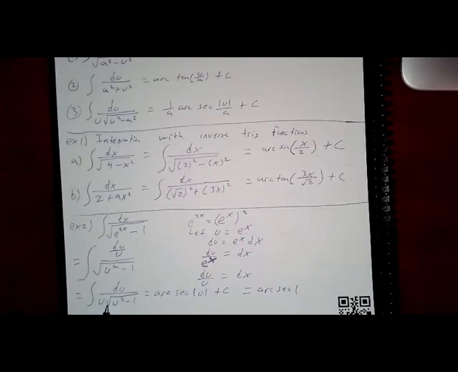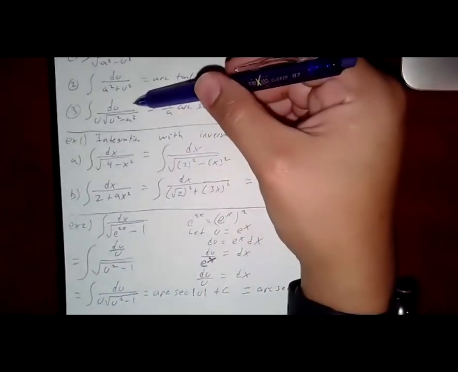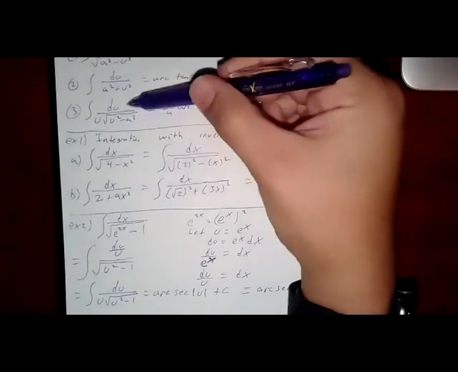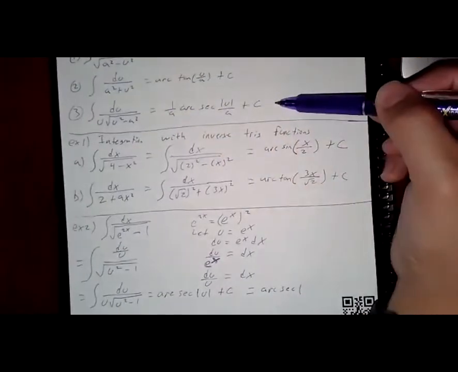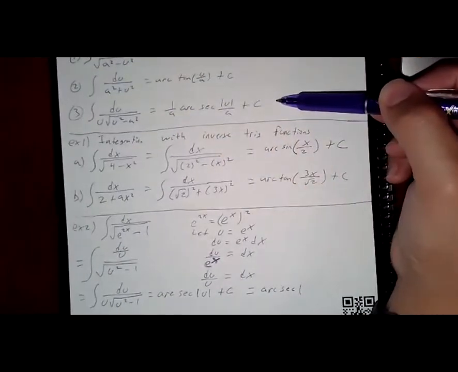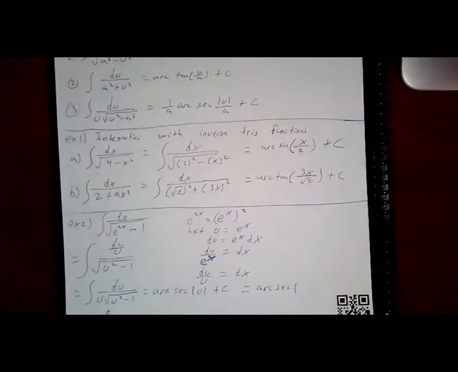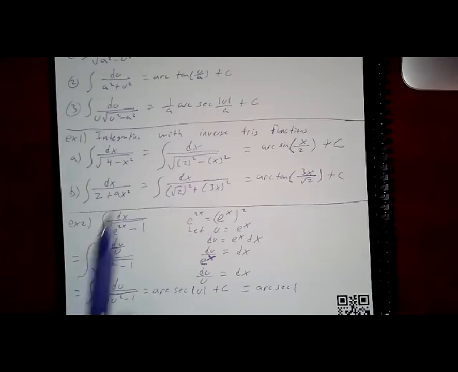This right here is set up to be number 1, so you can do the straight up integration to here. What was your question exactly? You said something about the square and the root. I was looking at number 3, how you have u, the square root of u squared minus a squared.